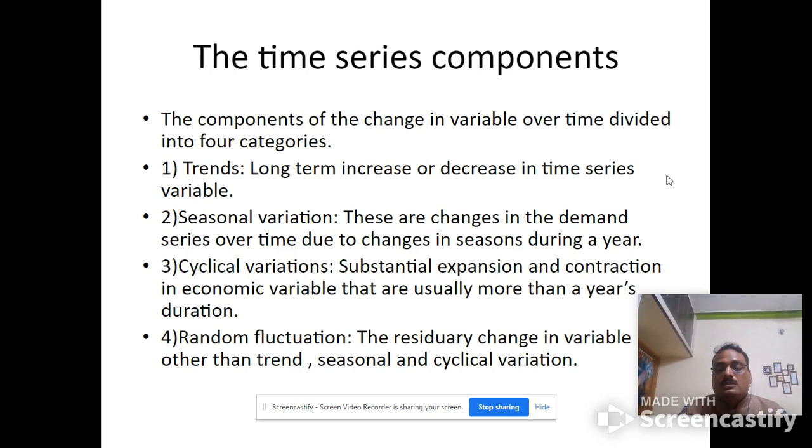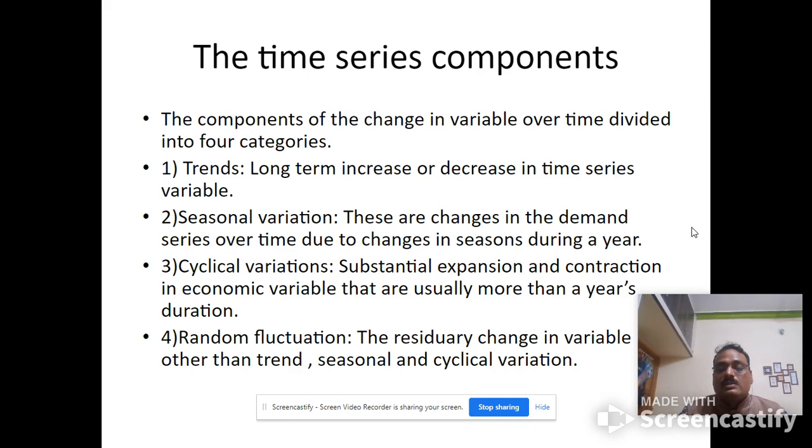So if we find that a cycle is being created because it is repeating itself at regular intervals of time, then we can take it as a cyclical component and use it to predict the behavior of the demand in the future.